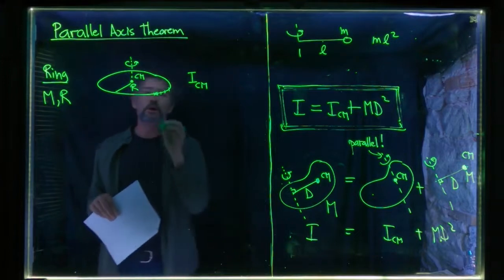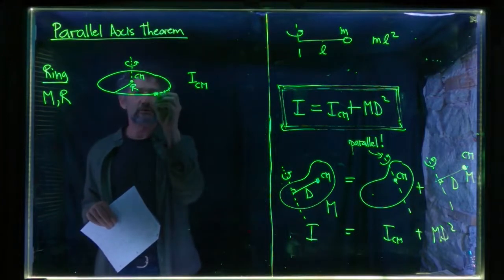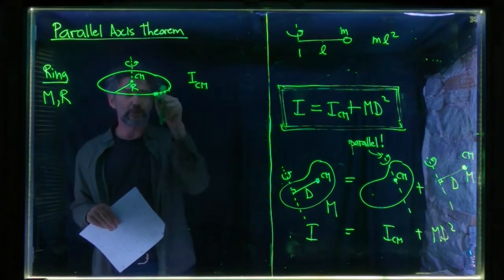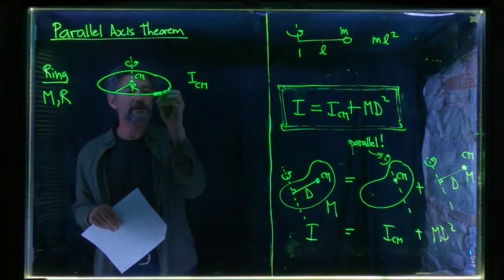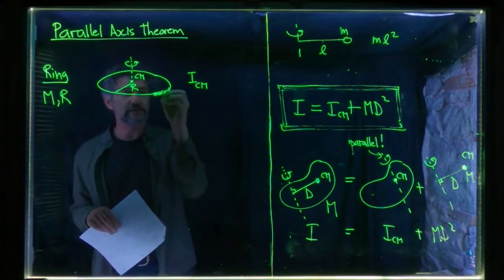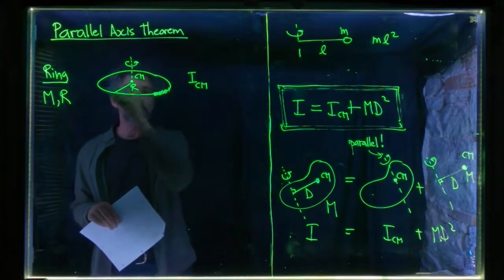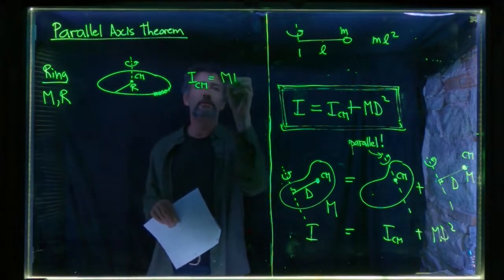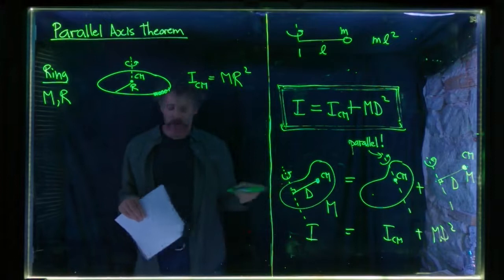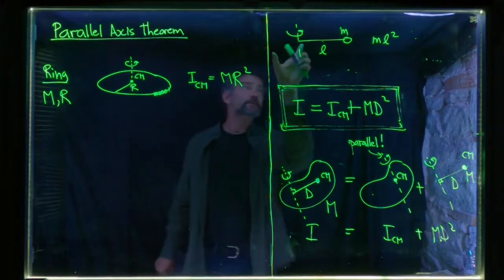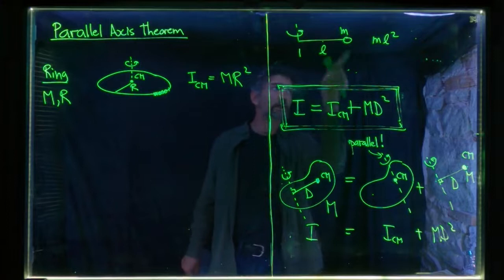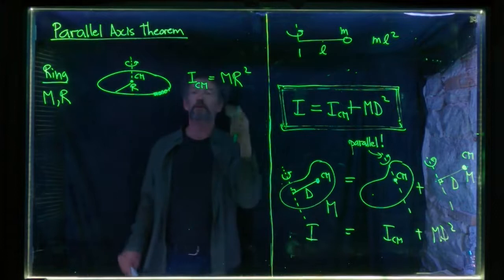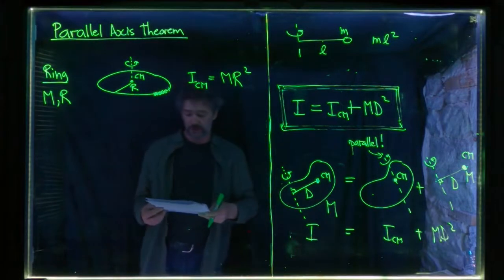The moment of inertia for this little chunk of mass is m L squared, so it's this mass times the radius r squared. Then we add the moment of inertia for this mass, which is this mass times that same radius squared, plus this mass times the same radius squared, and so on. So the whole thing is just the total mass times the radius of the ring squared. So it's just equal to m times r squared. So if you understand this idea of this elemental rigid body and this idea of m L squared, then you can apply it immediately to the ring, think about it for a second and realize, oh yeah, it's m r squared, without doing any calculus or anything like that.